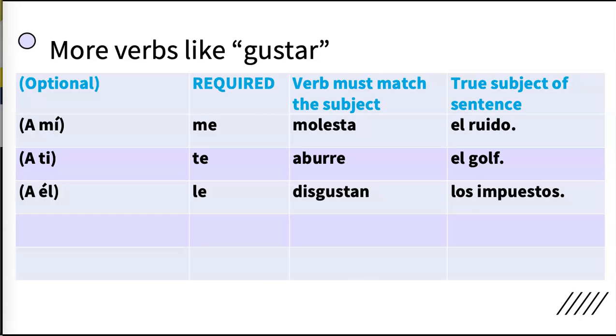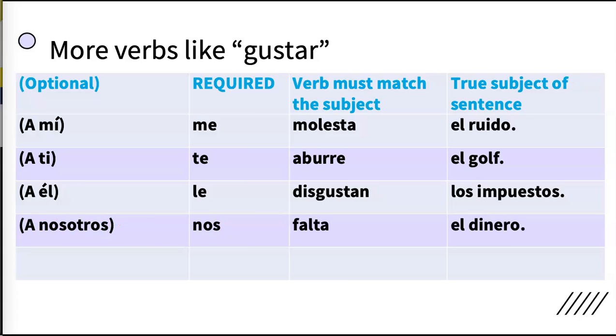A él le disgustan los impuestos. Now note, again, the verb disgustar looks like the English verb disgust, but it's not as strong. It's more like annoy or bother. So he really doesn't like taxes.